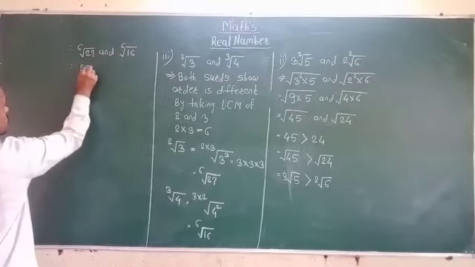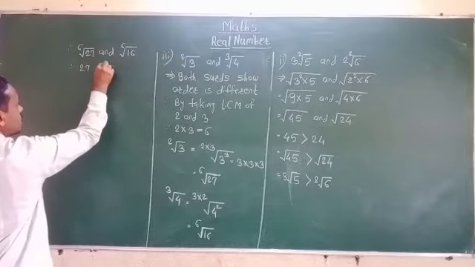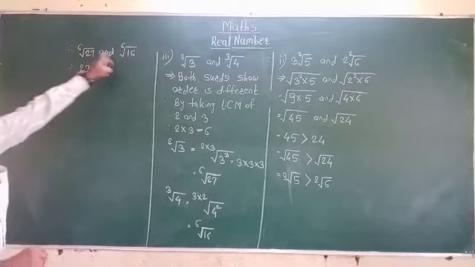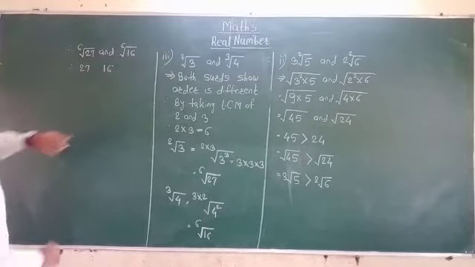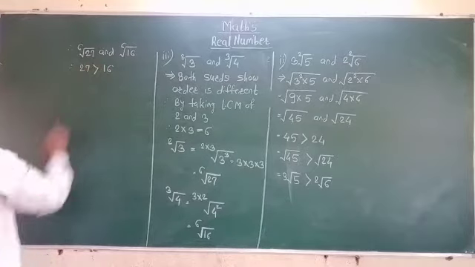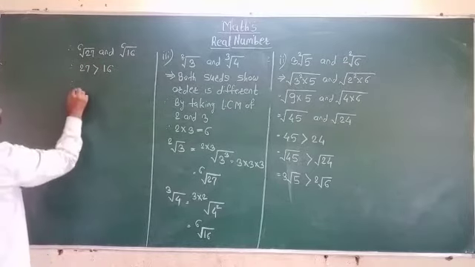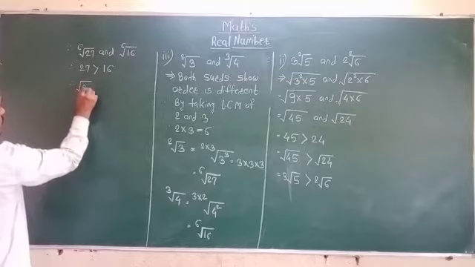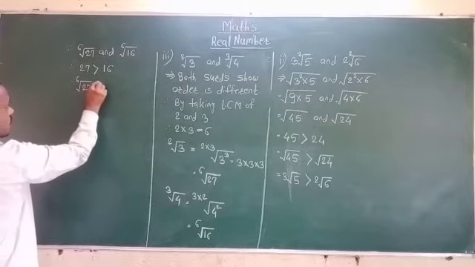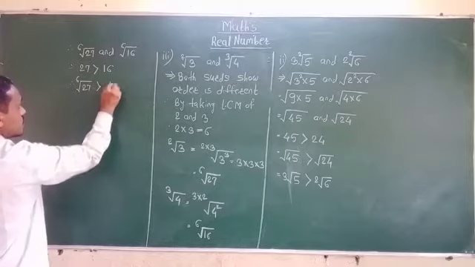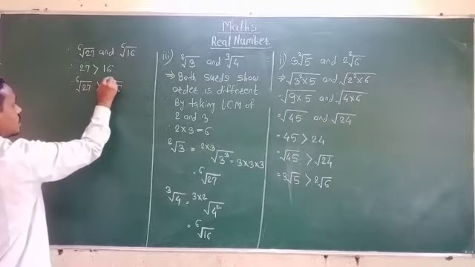So we only think about the radicand. Which is greater, 27 or 16? 27 is greater. Therefore the sixth root of 27 is greater than the sixth root of 16.